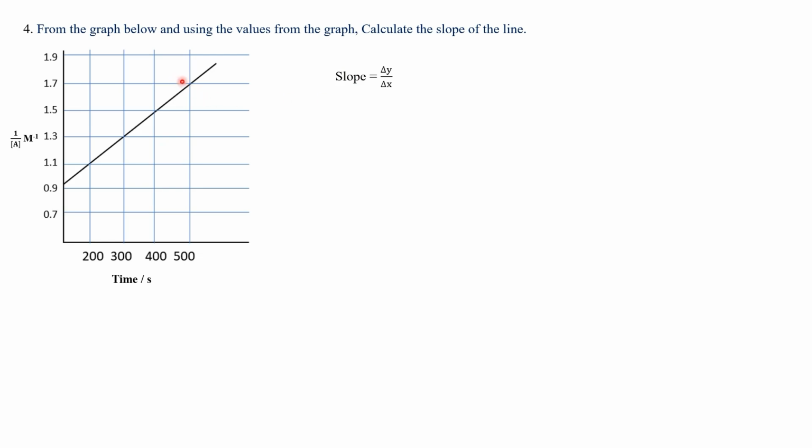If you mark any 2 points on the line, we can calculate delta y and delta x. Slope is equal to y2 minus y1 divided by x2 minus x1. Now let's see what these y2, y1, x2 and x1 are. After we apply these 4 values, slope is equal to y2 minus y1 divided by x2 minus x1. This is plus 0.002.